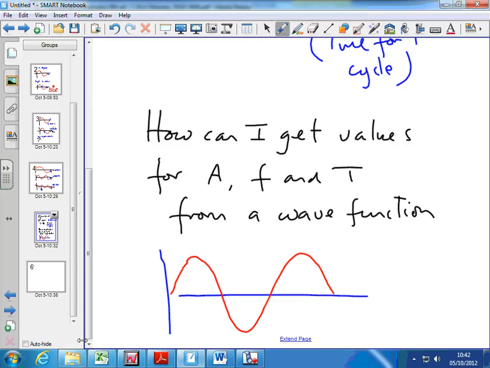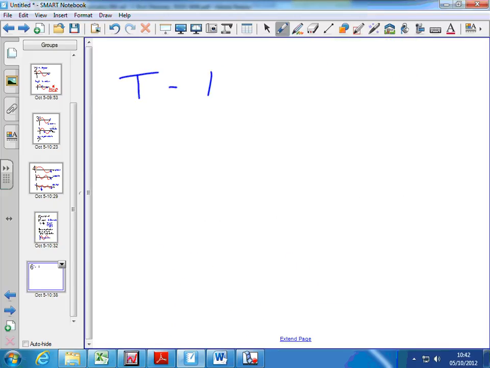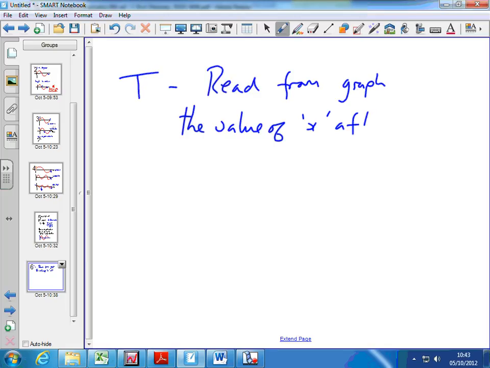At which point in the graph am I going to read it? There. That's one cycle, isn't it? So how do I get the period? I just read from the graph the value of x after one cycle.